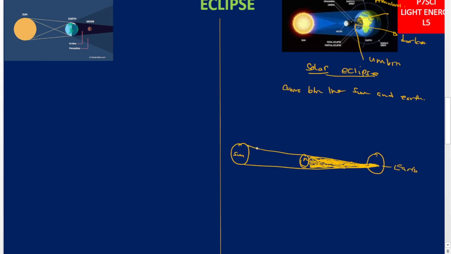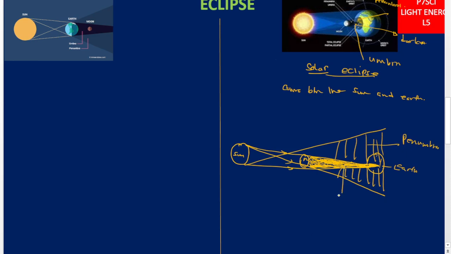Then we can also get the light rays coming. Remember, for rays we use arrows, and also from here getting extended to this. Then we are also getting another shadow like this, and another shadow like this, meaning that this region here is the penumbra region.